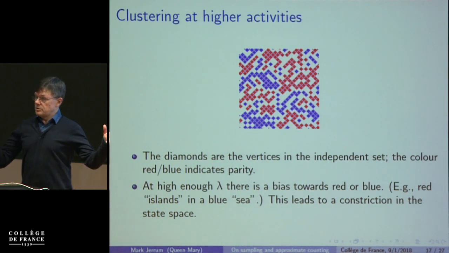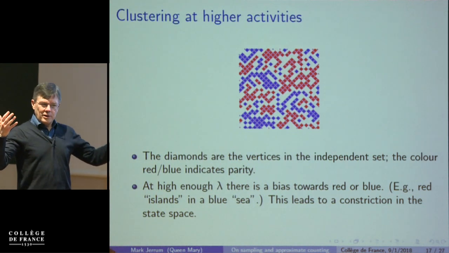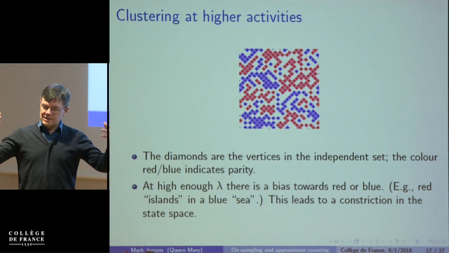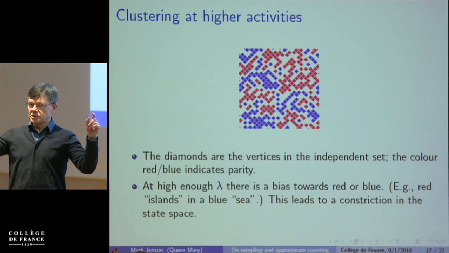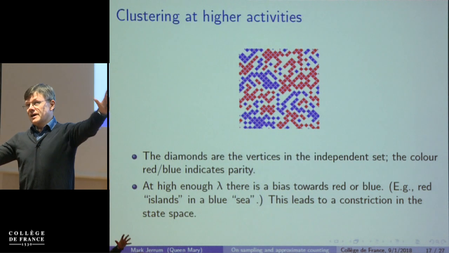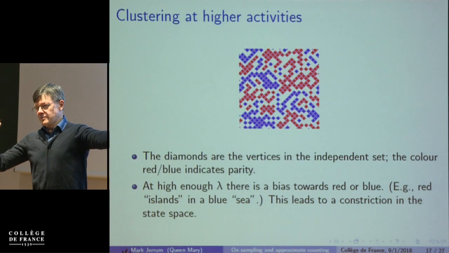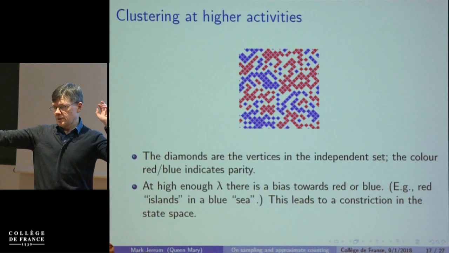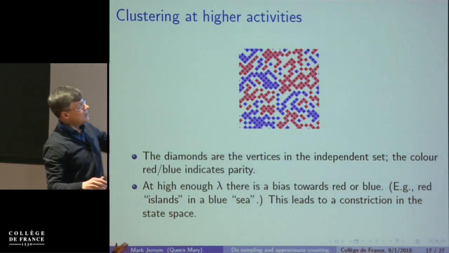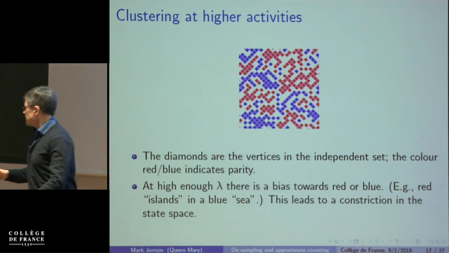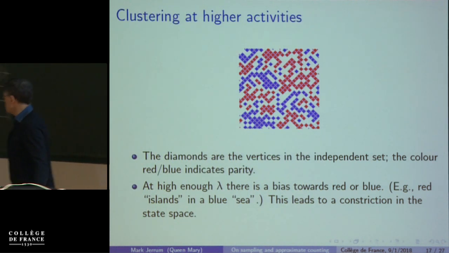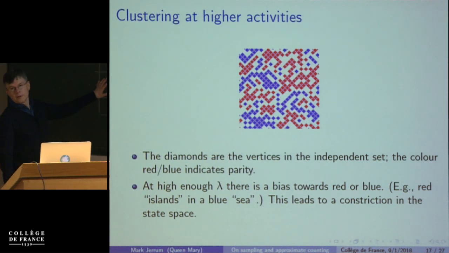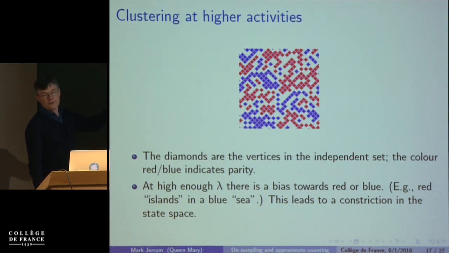This is all very vague, but you can imagine that it is exactly like the constriction in the state space that we talked about. We'll have the majority red guys on the left, the majority blue guys on the right. Once you've achieved the checkerboard pattern, it's very unlikely that you're ever going to move off of the black squares and onto the white squares or vice versa.